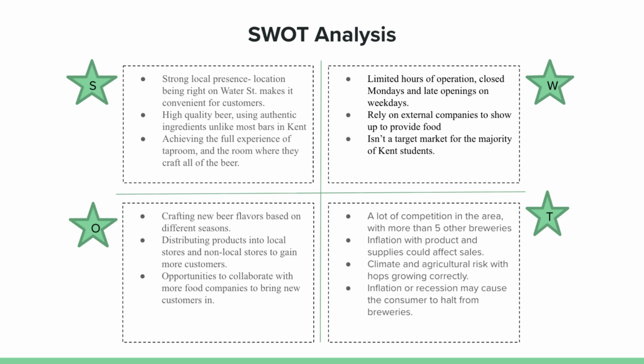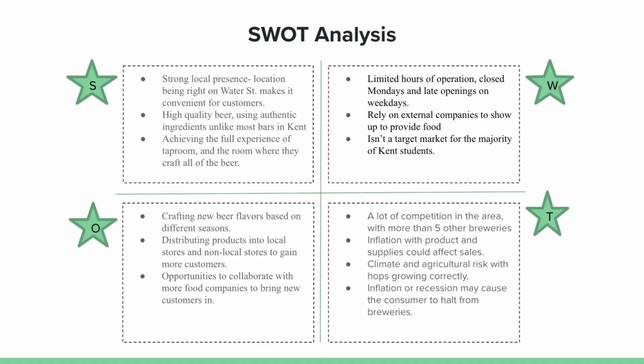Its location right on Water Street makes it convenient for customers. It offers high-quality beer using authentic ingredients, unlike most bars in Kent. A lot of bars in Kent use imported and domestic beers that they just bring in and sell. They don't have anything to do with making them.